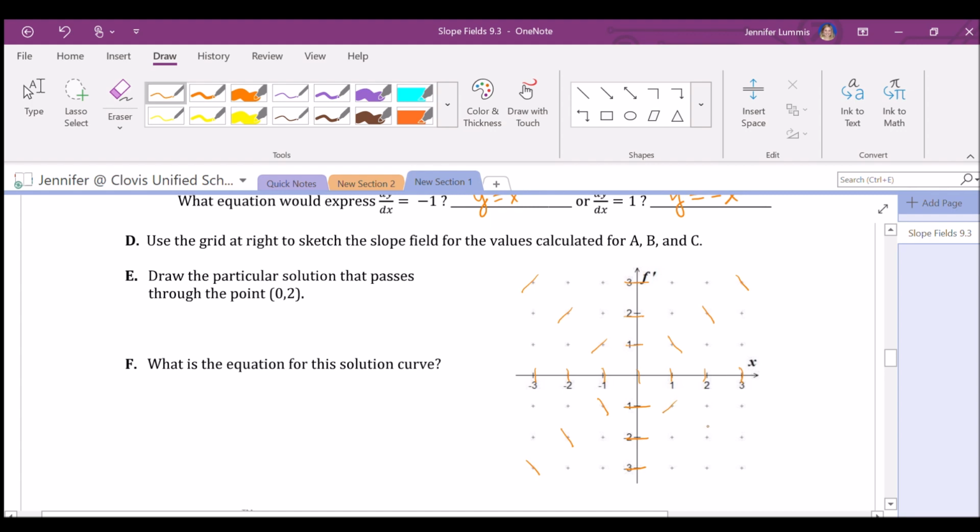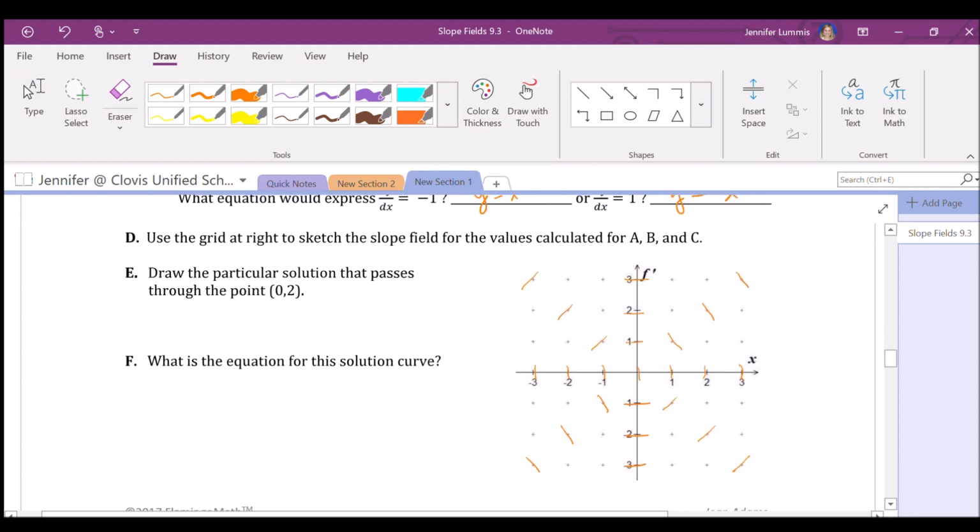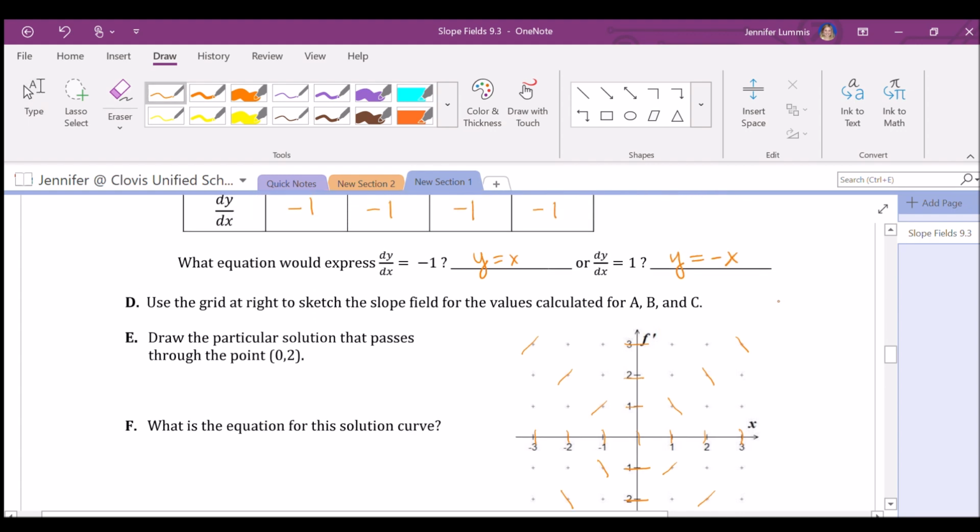So this will take you a little bit of time, but we need to go in and finish filling in the rest. So I will walk you through a couple of these points. You're going to look for any other patterns you might find to help you fill it in a little quickly. So at 1, 2, if we plug in x is 1, you might make a table again if you want, x, y, dy/dx.